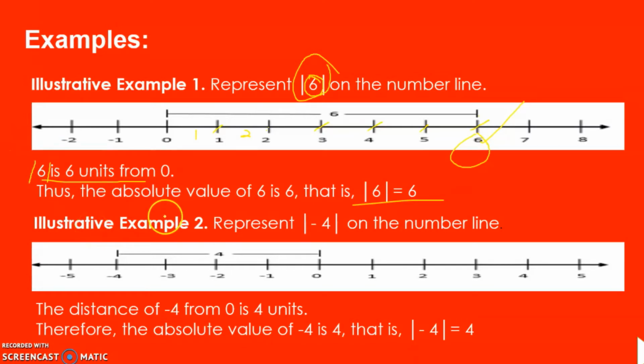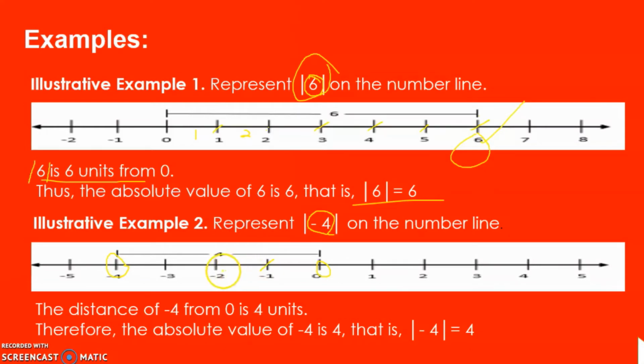On illustrative example number 2, we're asked to represent the absolute value of negative 4. Take note, it is negative 4. So meaning to say, the direction that we're going through is from 0 to its left. We're going to mark the negative 4 here as a guide. From 0, we're going to count the distance units covered from 0 to negative 4.